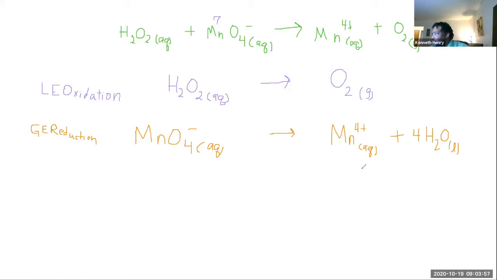That means adding 8 hydrogen ions to your reactant side. Okay, 8. So our H's balance out, our O's balance out. We're doing good.